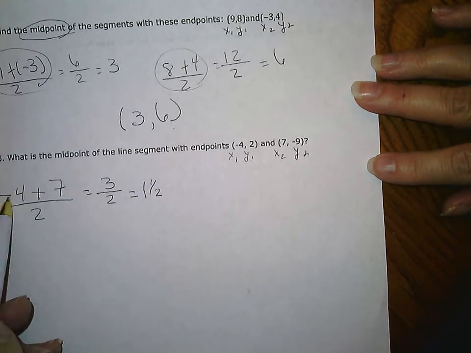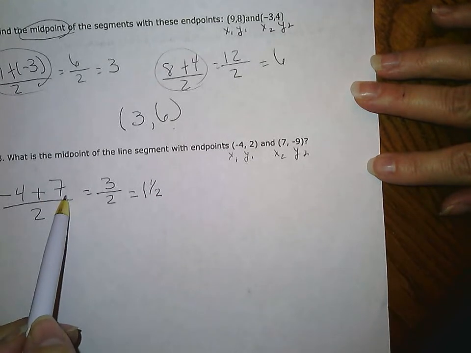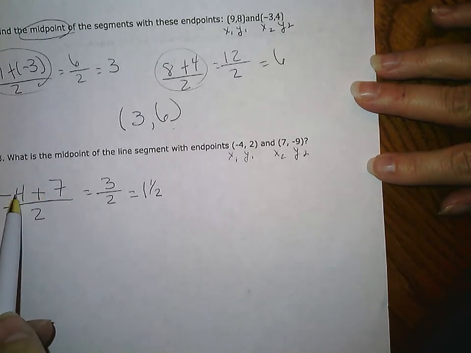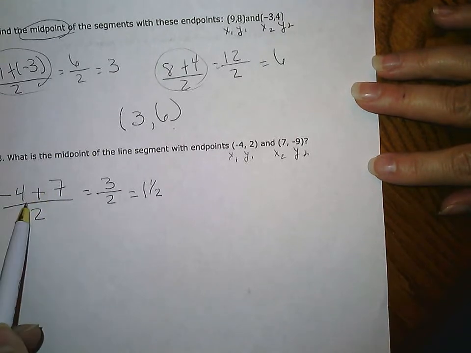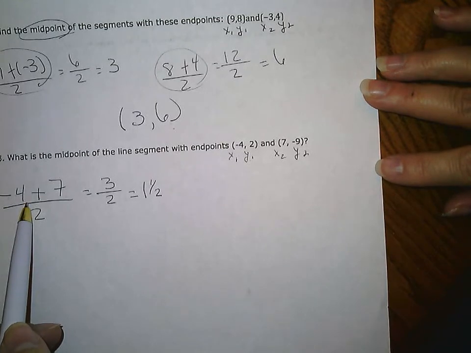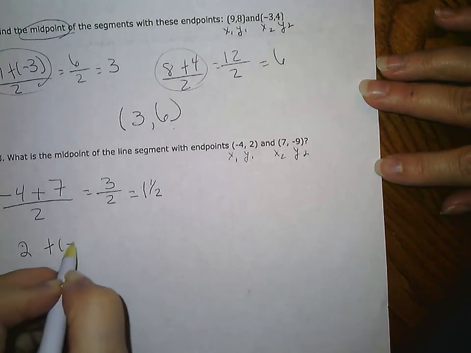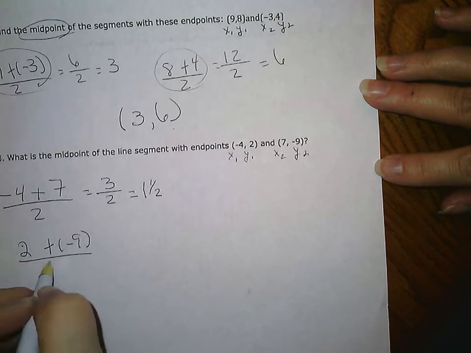Now when we're looking at these signs, when we have different signs, we subtract. When we have the same signs, we add. So keep in mind your signs and your rules for adding and subtracting numbers that we learned in algebra. 2 plus a negative 9 divided by 2 is our second number.